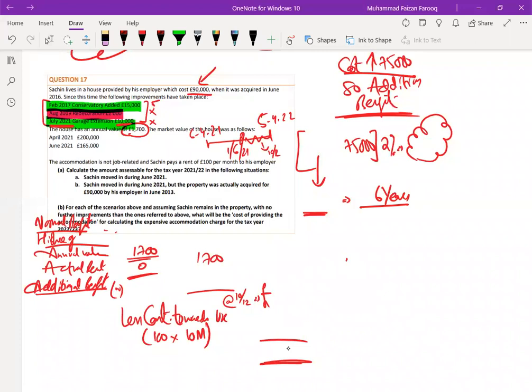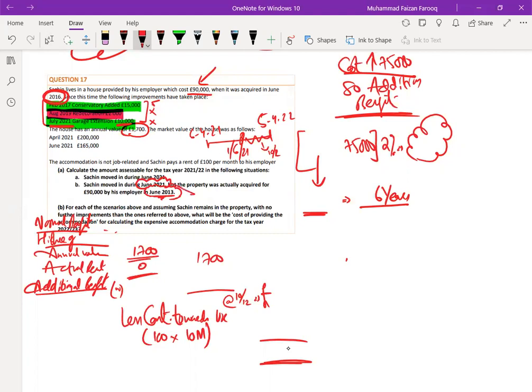The cost is above 75, so the additional benefit is going to be calculated. They are saying that it was purchased by the employer not in 2016. It is 2016 in the actual question, but in B they are saying just assume it was purchased in June 2013 and provided in June 21.